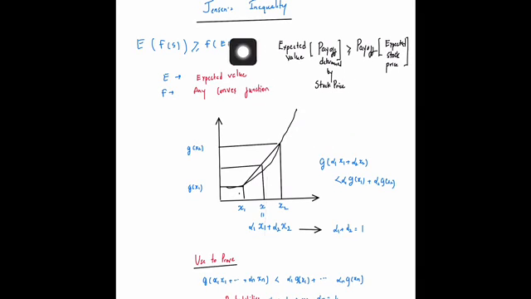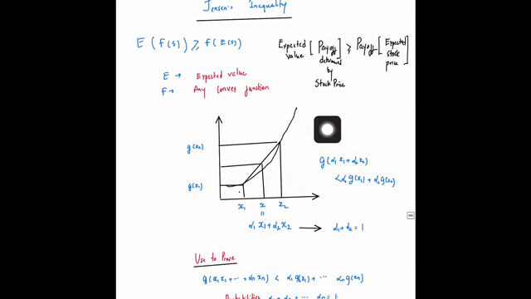But first, as far as deriving this inequality, let us consider that this function is convex. This is the definition of a convex function. At two points x1 and x2, define a point in the middle. It can be written as alpha 1 x1 plus alpha 2 x2, where alpha 1 plus alpha 2 is equal to 1.